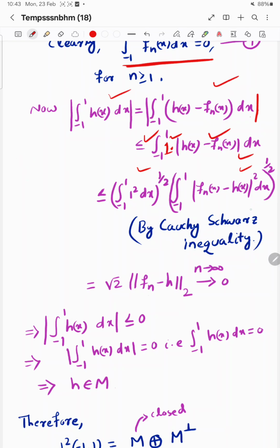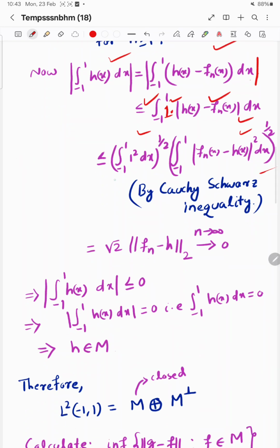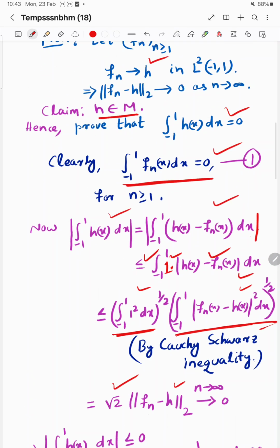So we will reach this step, and this integration value is equal to root 2, and this quantity is nothing but the L2 norm of fn minus h. But in our question, since fn converges to h in L2, this implies that this norm goes to 0.